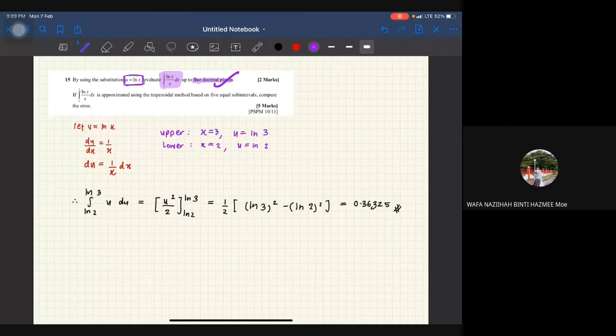Okay, so second part, if this definite integral yang tadi kita guna. Yes. Okay, Marcel punya suara baru sampai. Alright, okay.